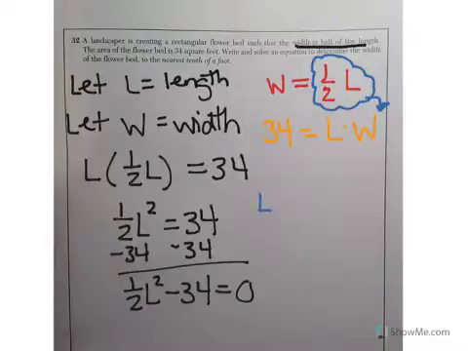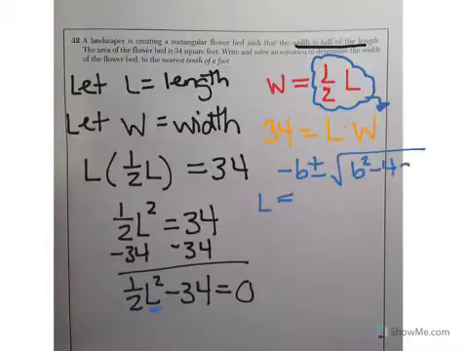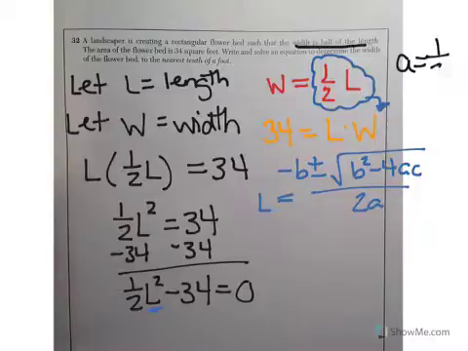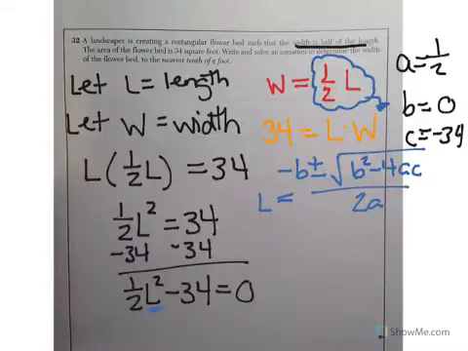You're used to seeing x, but because we don't have an x, we're talking about an L. So L is equal to negative b plus or minus the square root of b squared minus 4ac all over 2a. So our a in this problem is 1/2, our b is 0, our c is negative 34.